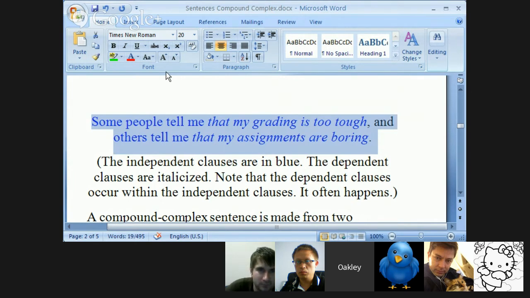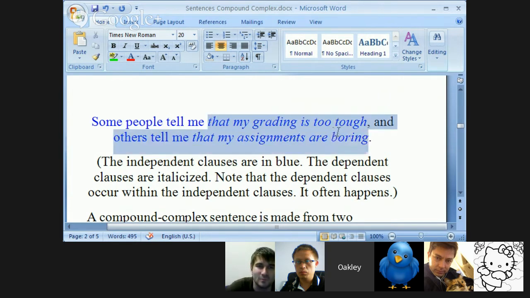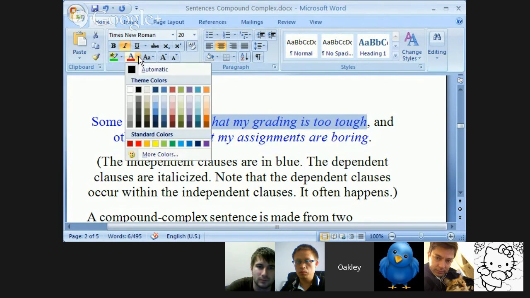So this is also very common. Yes, Mary, outside the classroom, that is a complex sentence. Some people tell me the independent clauses are in blue and the dependent clauses are italicized. I should make these black so it's not so confusing. Hang on.